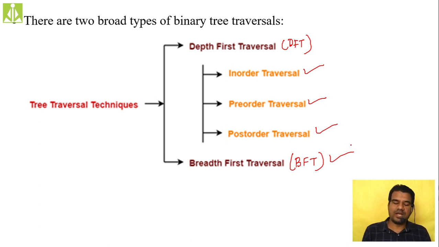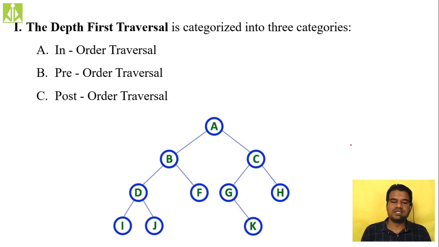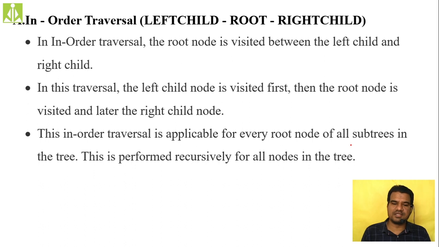Quickly, let us see what the depth first traversal is. It is further divided into three: in-order, pre-order, post-order. In in-order traversal, the order is left child, root, right child. We say "in" because the root should come in between.